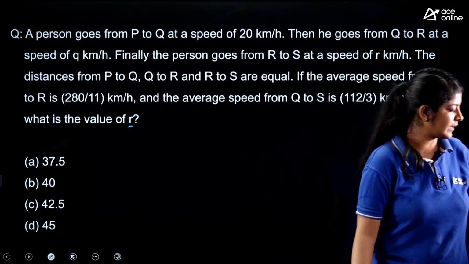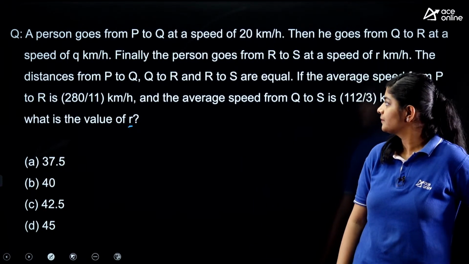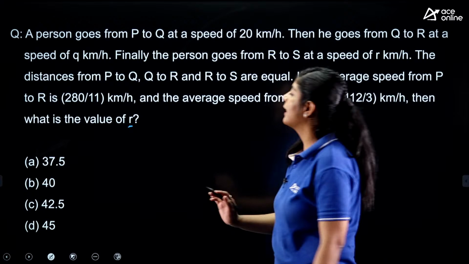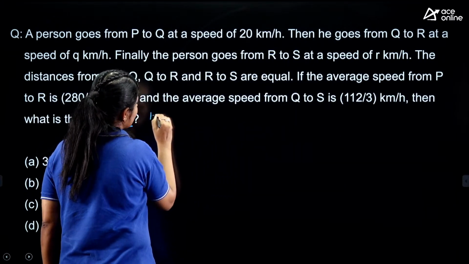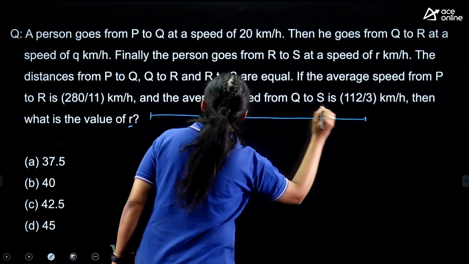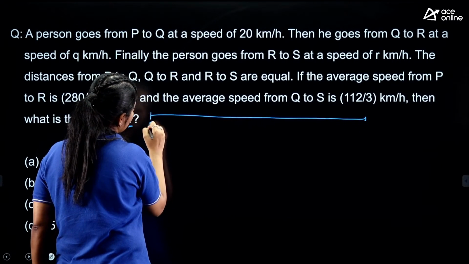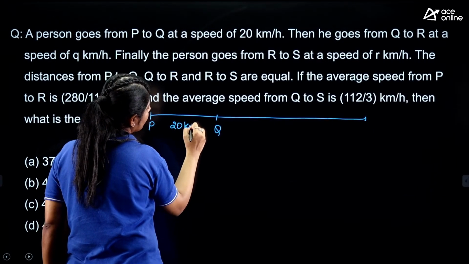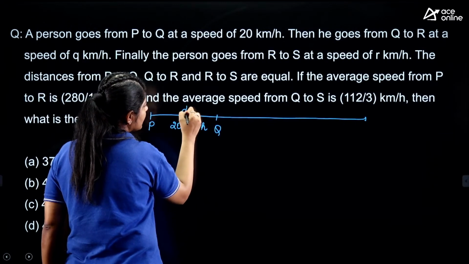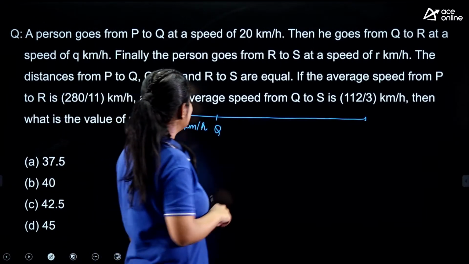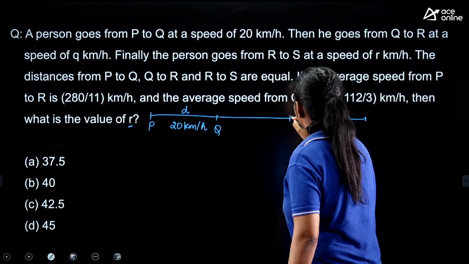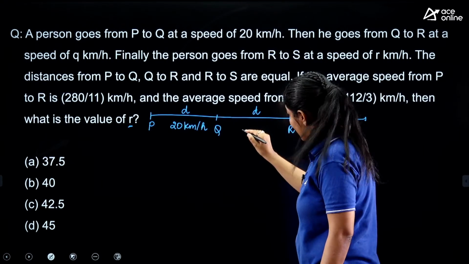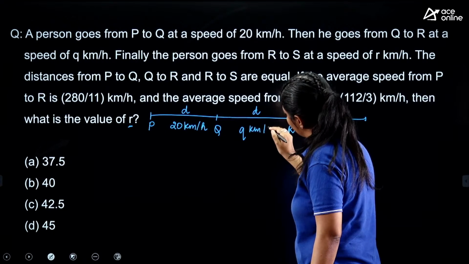How are we going to approach this particular question? The question is very simple. Here we have a distance like this. A person starts at P and goes to Q at a speed of 20 kilometers per hour. Let's suppose this distance is equal to D. Then he goes from Q to R. Again the distance is the same, that is D, but the speed is q kilometers per hour.